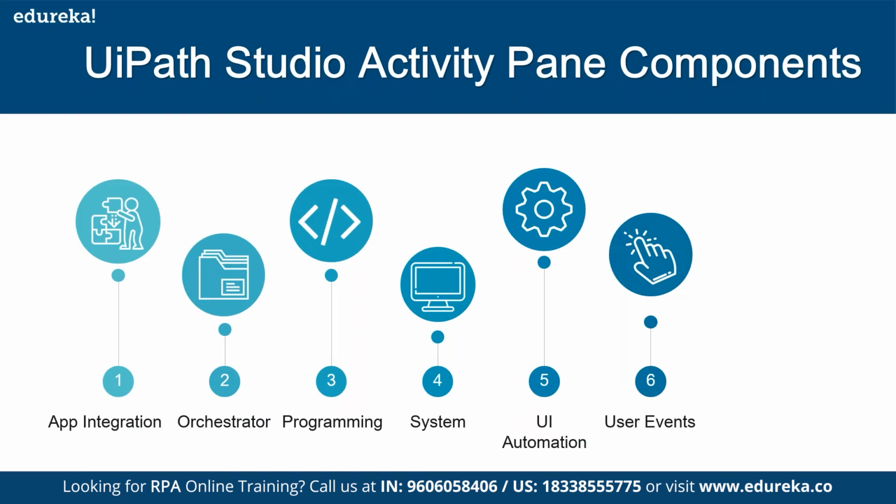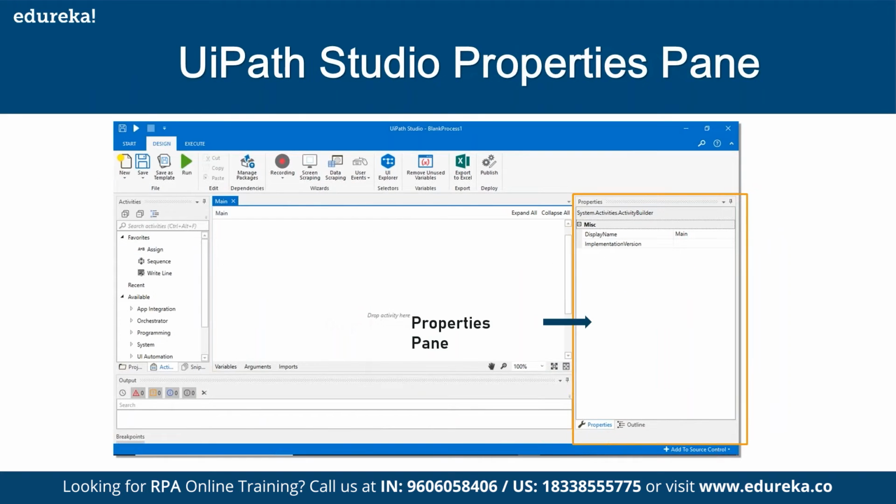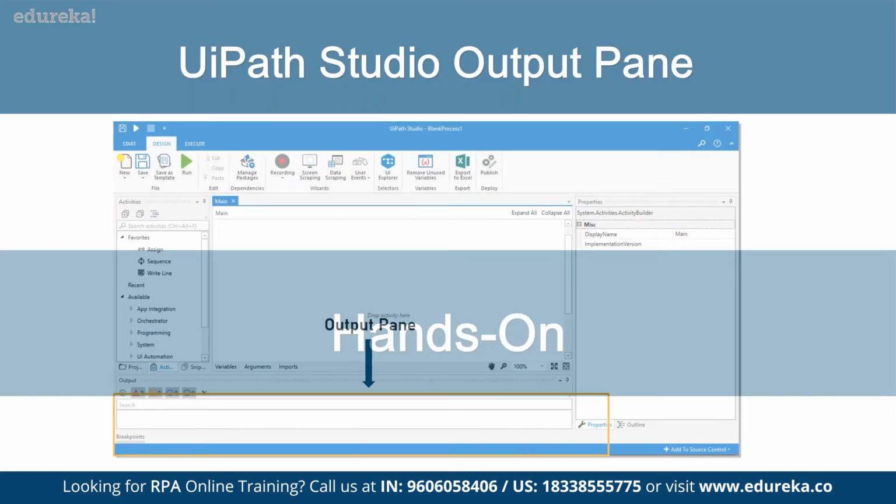And the user events, whatever you do, like click, double click, entering something through the keyboard, all those things you can also do with UiPath. And the workflow, if you want to design a graphical workflow or graphical automation, you can use the workflow technology also, right? So these are the things that we have looked into.